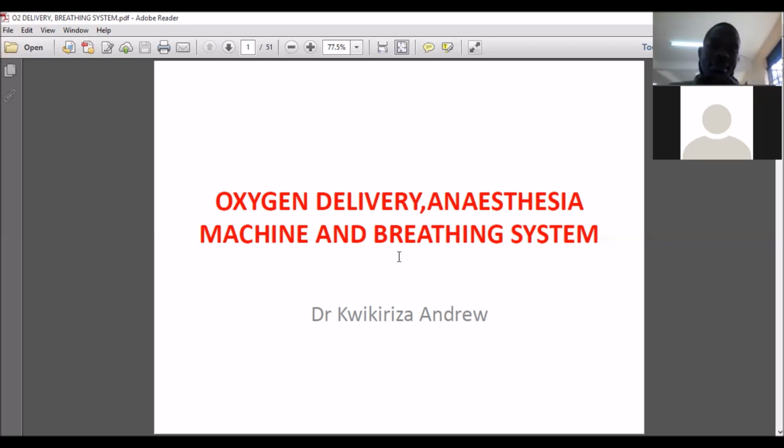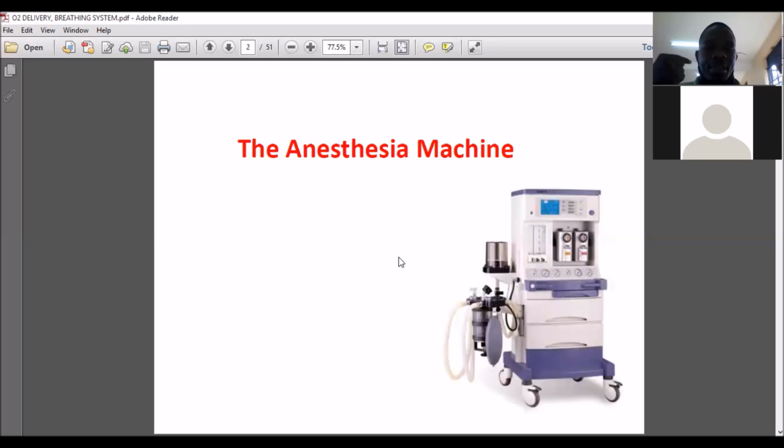Okay, we're going for oxygen delivery, anesthesia machine, and the different breathing systems, right? So in the first slide, we all see there is an anesthetic machine. This anesthetic machine has different components, which are for the different categories.